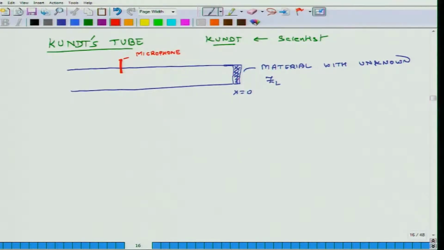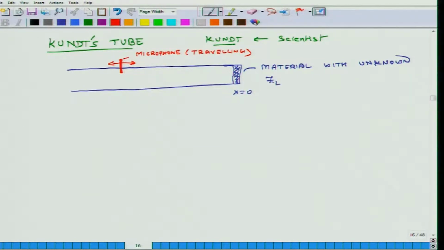The interesting thing about this microphone is that the tube is designed with a slot on its top, so this microphone can travel along the length of the tube. It's a traveling microphone. That is why this apparatus is also known as a traveling microphone impedance tube, and this method to measure the impedance is also known as the traveling microphone method for measuring impedance.